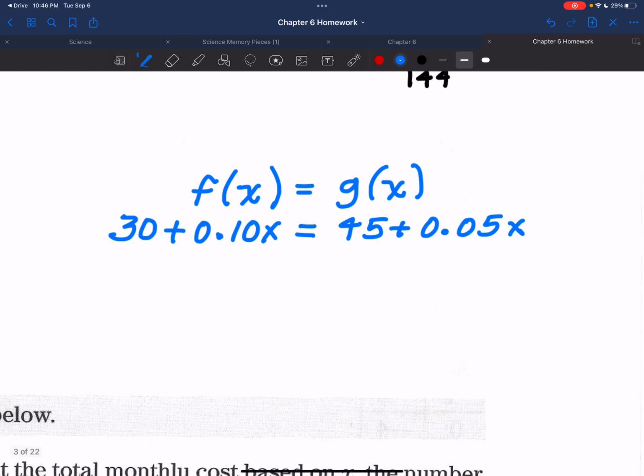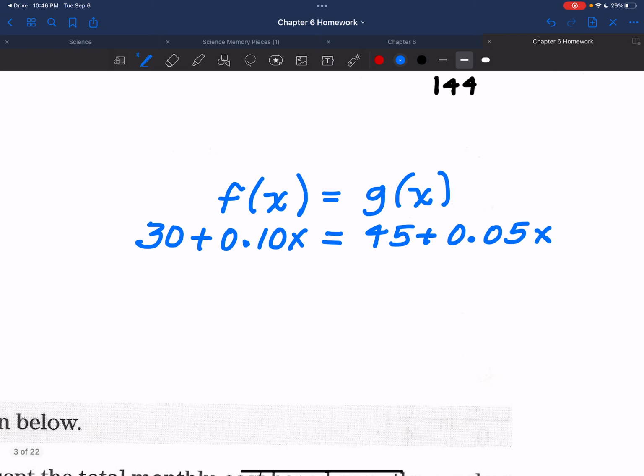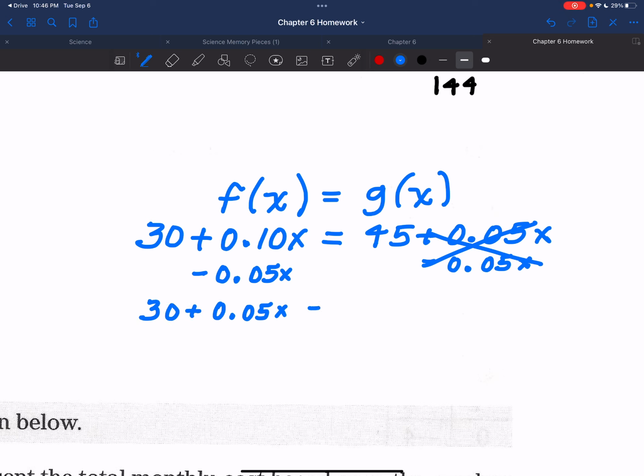So we need to solve this equation. And I'm going to move the smaller x value. You can do it either way, but this will avoid negatives. So we're left with 5 cents positive times x. There's the 30. And then on this side is the 45. So then I'll move the 30 and cancel. So I'm left with 5 cents x equals 15.